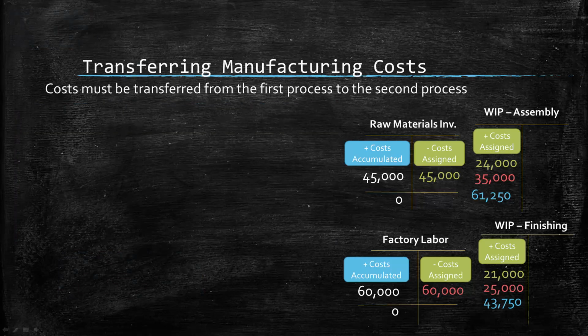Okay. Now that we've assigned our costs to our departments, we have one more step in process costing. Because remember, as an item is being produced, it has to go through all stages of production. And so first we're assembling our items and then we're finishing them. And so just like our products move, our costs have to move as well. And that's the process of transferring costs.